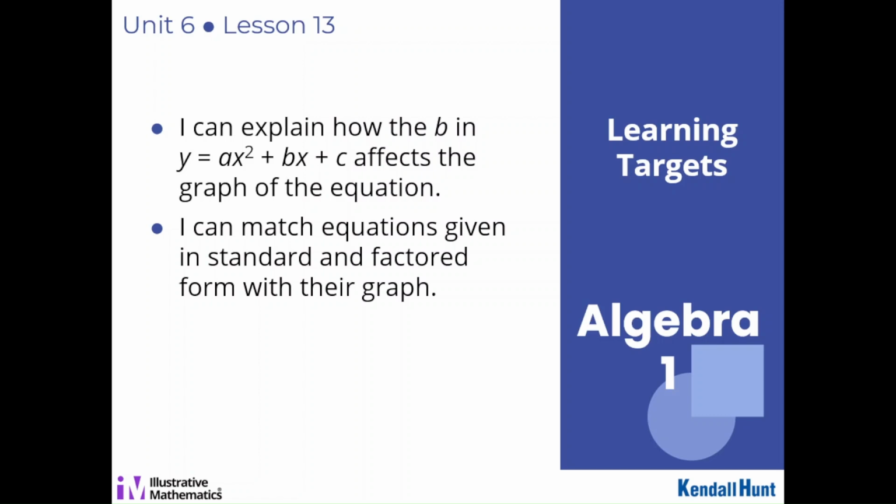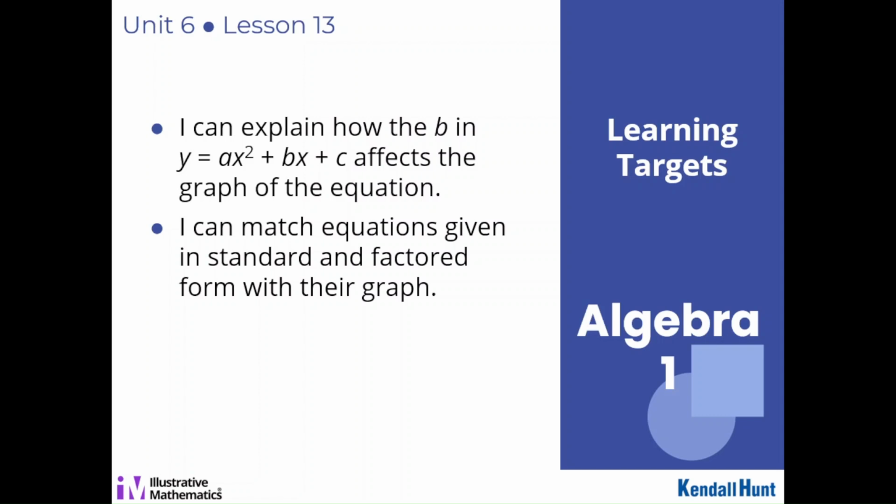Learning target number 2 says I can match equations given in standard and factored form with their graph. So now you should be able to take the factors from factored form and use them to find your x-intercepts. You should be able to put 0 in for x and find your y-intercept.